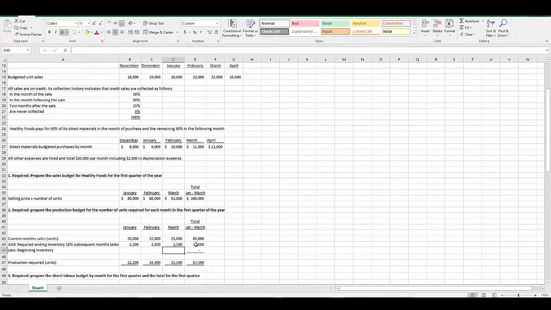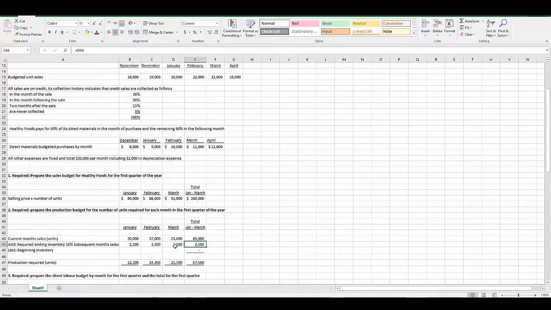When you're doing your totals for the quarter, for the first line, the number of units of sales, you do add those across. That will be a cumulative number. But what you have to remember is your ending inventory is not cumulative. At the end of the quarter, it is equal to March.